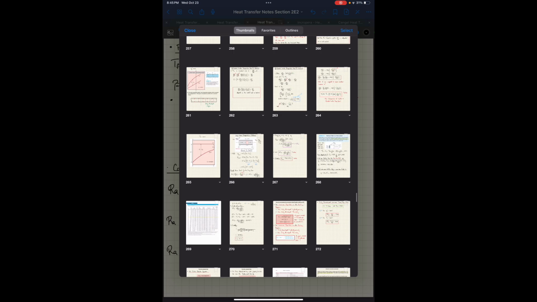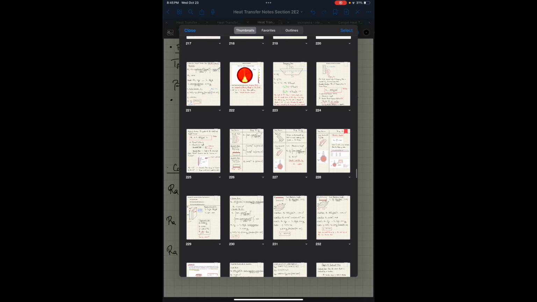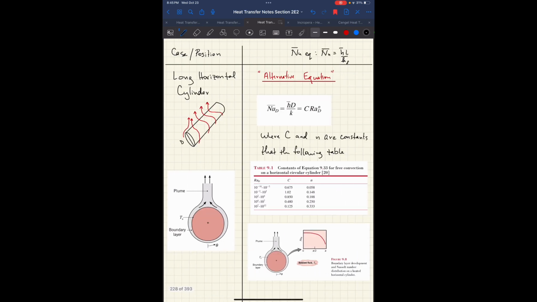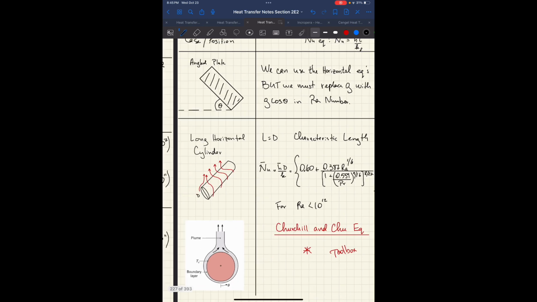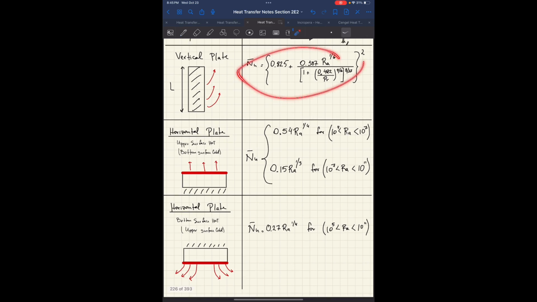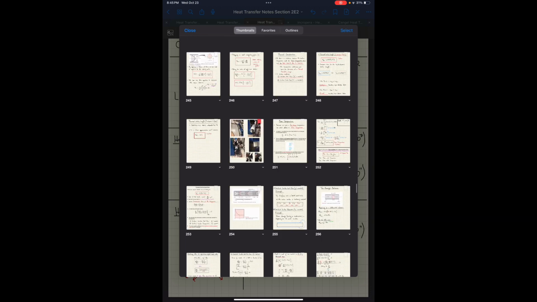So we have to go back to the natural convection chapter here. Okay. And you have your table here, right? So we don't have any cylinders. We don't have any angled plates. We just have a straight vertical plate. Here is your equation. Boom. That's what you use.